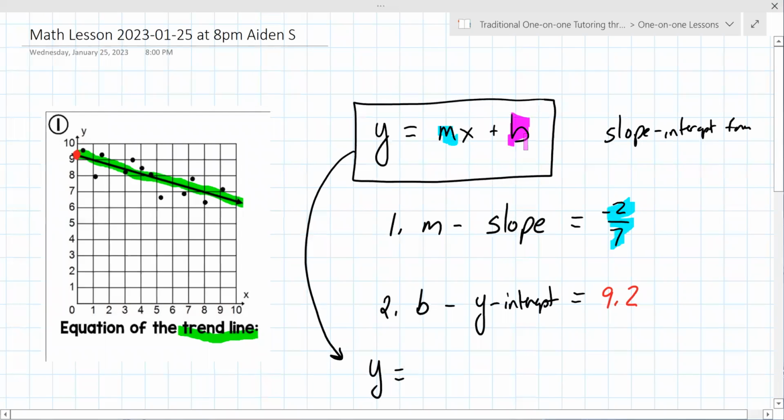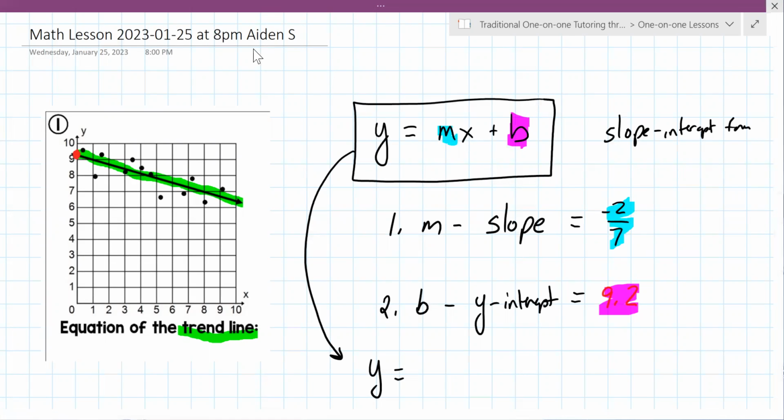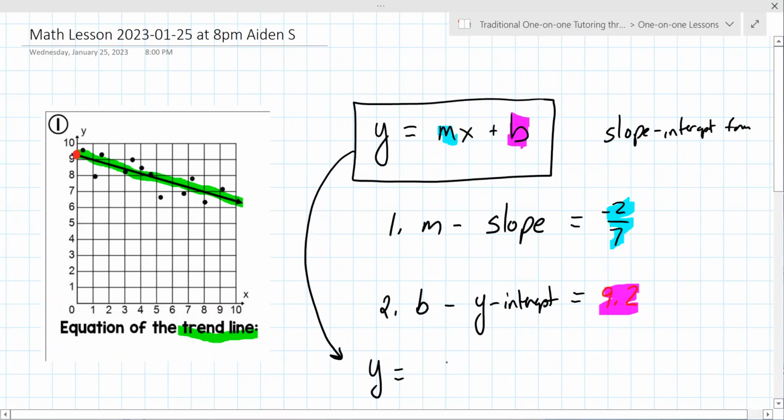What do you replace b with? 9.2. Yeah, so you write -2/7 x plus 9.2. It's a decimal point, so it's like a dot.